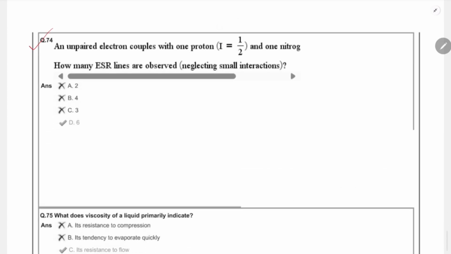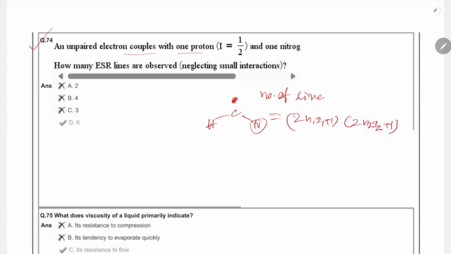Question number 74: an unpaired electron is coupled with one proton and one nitrogen. How many ESR lines are observed? The number of lines is equal to 2 N1 I1 plus 1 into 2 N2 I2 plus 1.